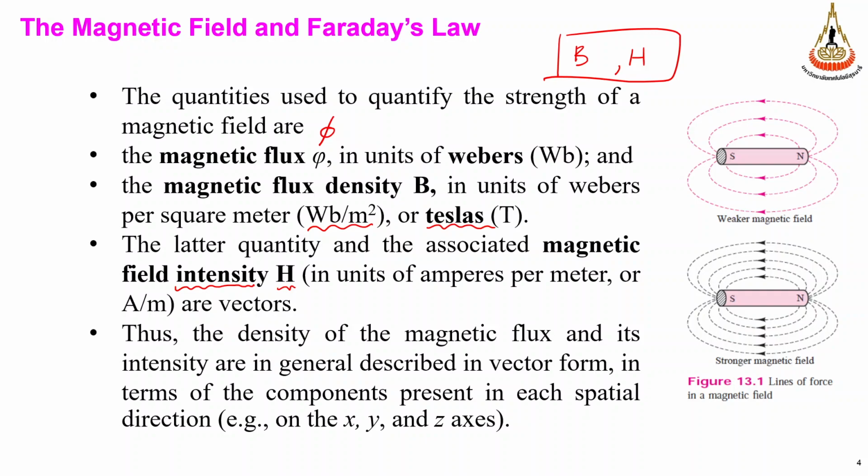Okay, and H has the unit of ampere per meter, right? As a vector here. Thus, the density of magnetic flux and its intensity are generally described in vector form in terms of the components present in each spatial direction.